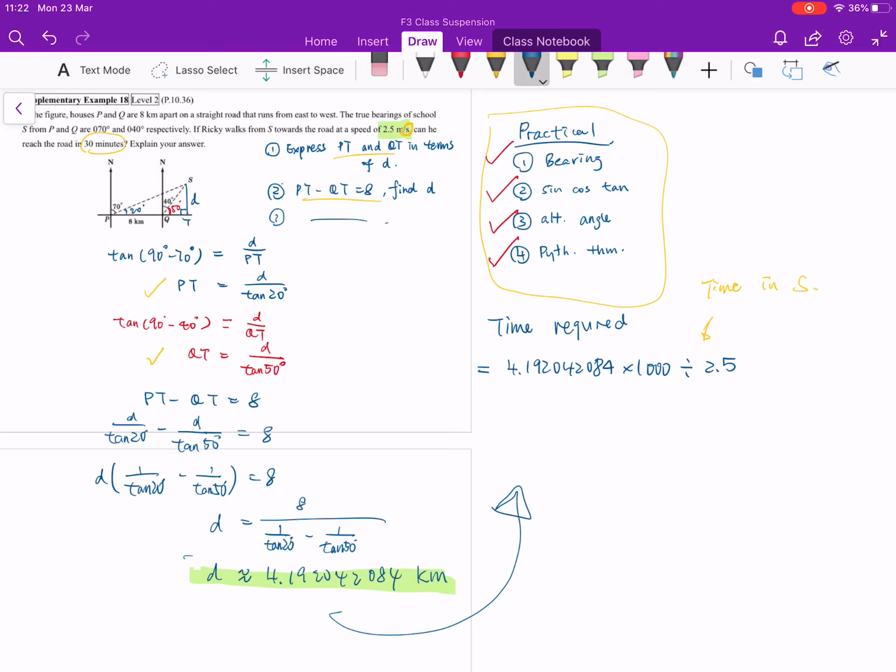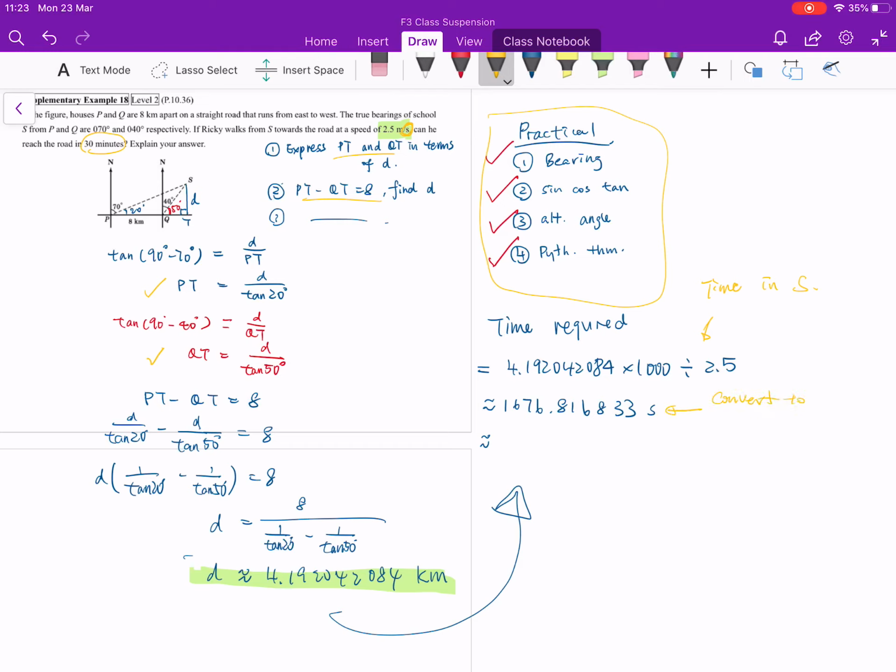But never mind, I can calculate the answer first. So now here, this is the answer I get. This is in second. So now further convert it to minutes.